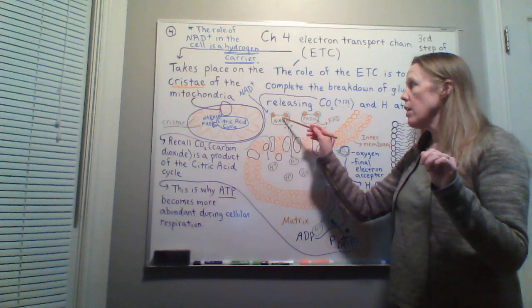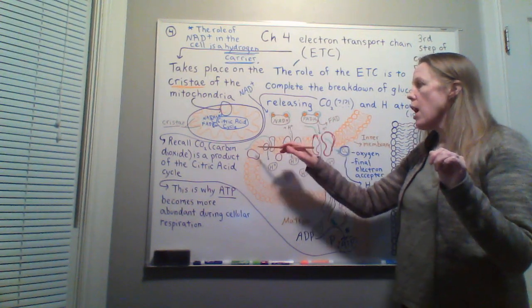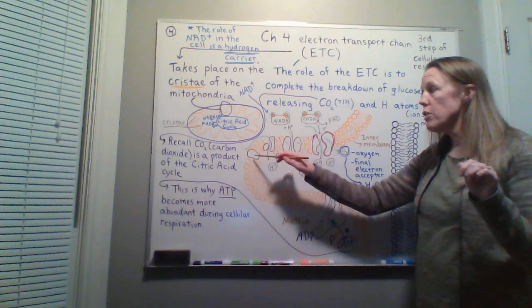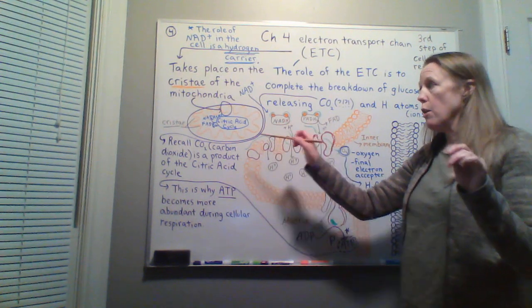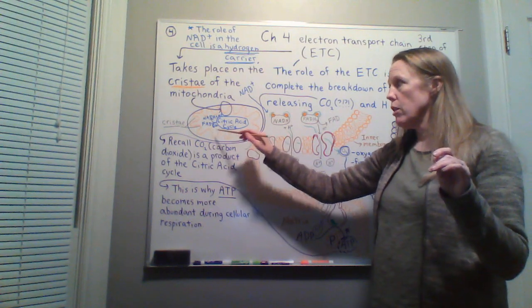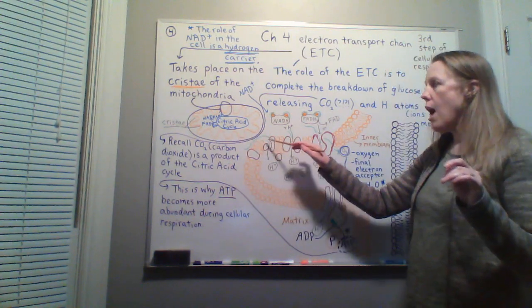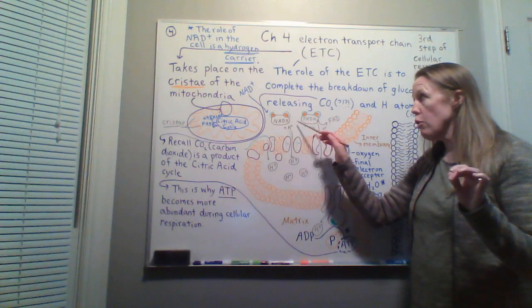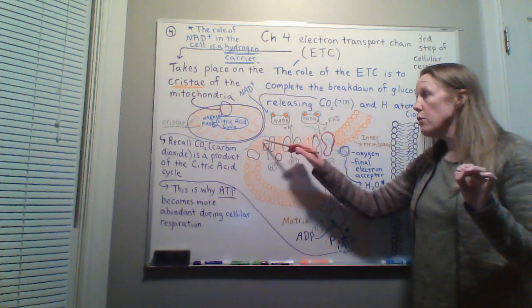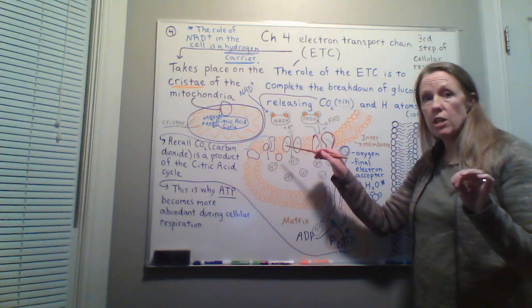The electron transport chain is embedded in the inner membrane of the mitochondria called the cristae, and there we have some electron carriers. We keep passing the electrons from carrier to carrier.